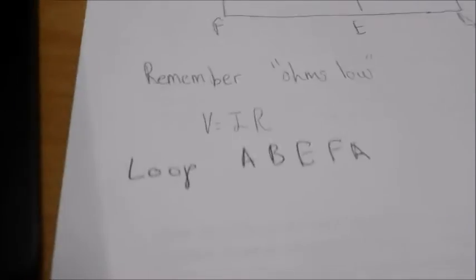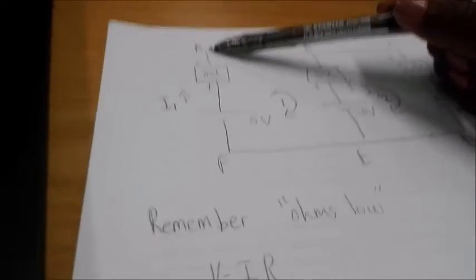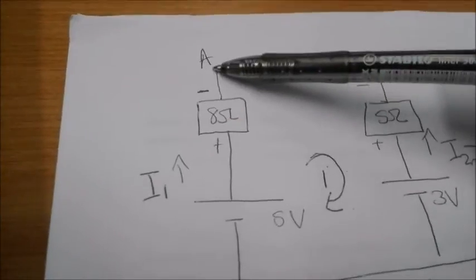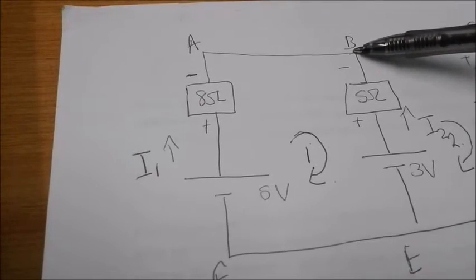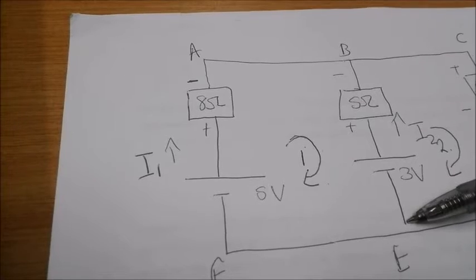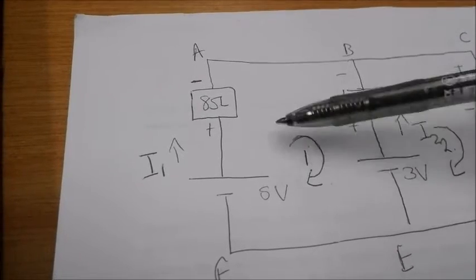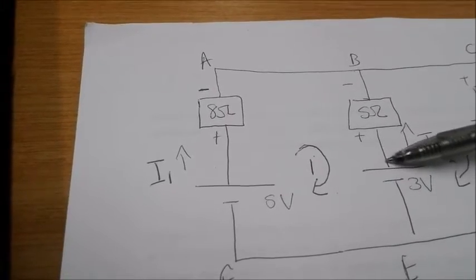If we do the loop analysis of this now, we'll start by saying, if I'm going from point A, do I see a power source between point A and B? No. Between point B and E, I see a power source, which is the 3 volts. My current is going this way, which means it's going to enter the positive.